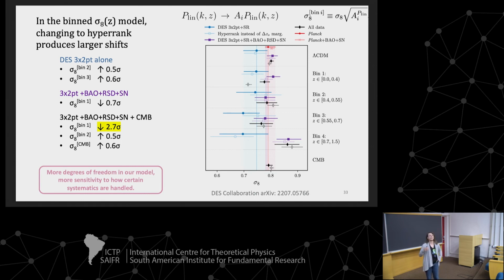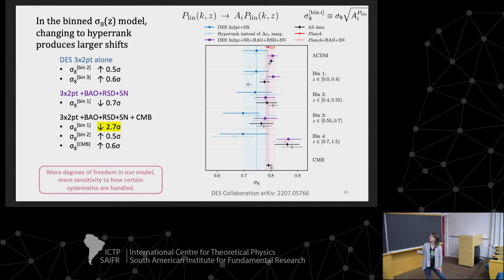So I'll just say, the bottom line here is that it turns out our DES-only constraints from this binned sigma 8 model are more sensitive than we would like to this redshift uncertainty accounting. So these two approaches don't give the same answer. But it becomes more robust in at least everything except the lowest redshift bin when we combine with external data, which helps break degeneracies between the geometry of the expansion of the universe and the clustering of matter.